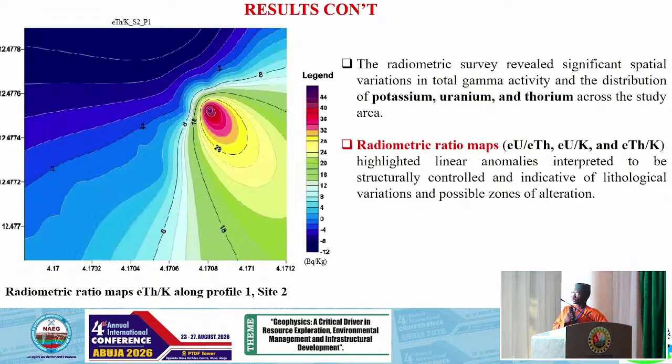The radiometric survey revealed significant spatial variation in total gamma activity and distribution of potassium, uranium, and thorium across the study area. Radiometric ratio maps of equivalent uranium ratio, equivalent thorium, equivalent uranium ratio potassium, and equivalent thorium ratio potassium highlighted linear anomalies interpreted to be structurally controlled and indicative of lithological variations and possible zones of alteration.